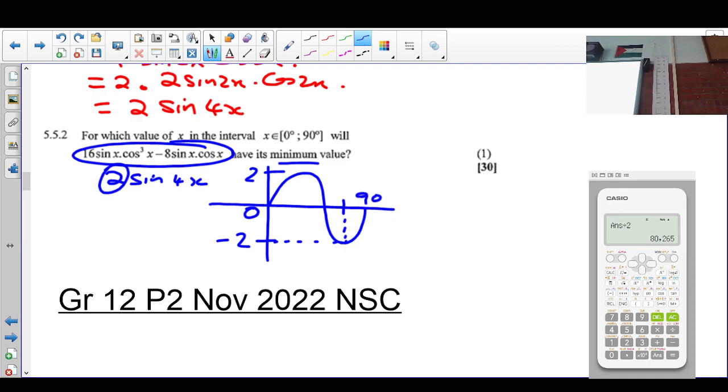But what is the question? For which value of x is the minimum occurring? So this would be simply 45 divided by 2, which is 22.5.